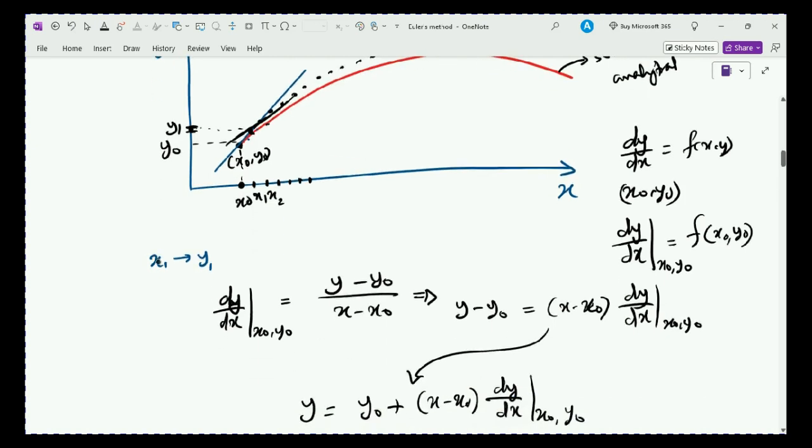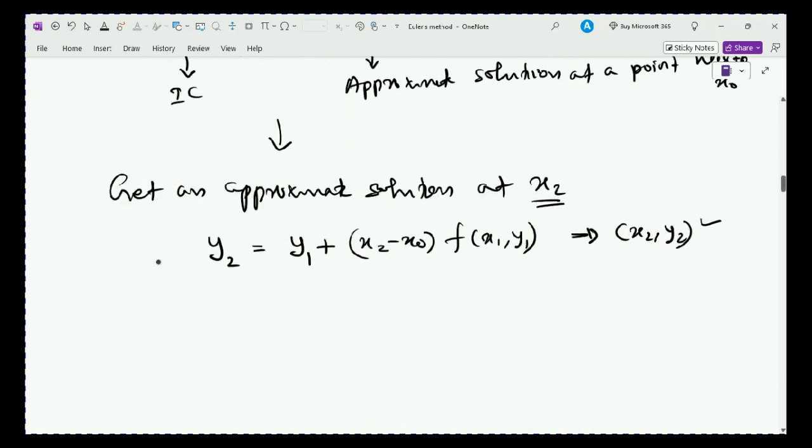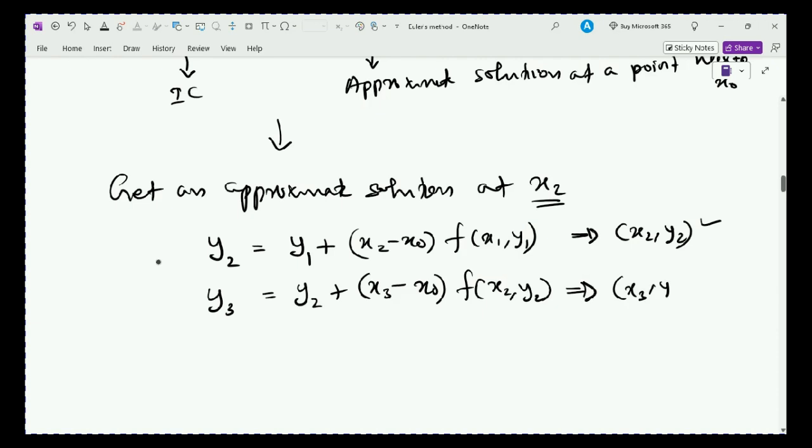Okay, all right, so let's write the equations now. This is the equation for y2, and y3 can be obtained in a similar way: y2 plus x3 minus x2 f of x2 y2. Okay, so with this we'll have x3 y3, and this can be continued.